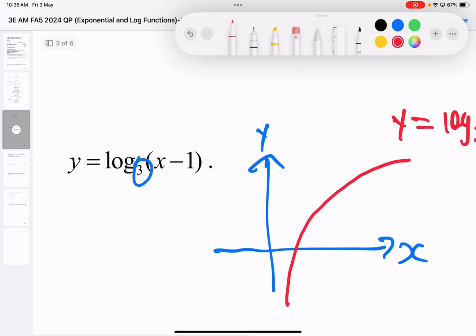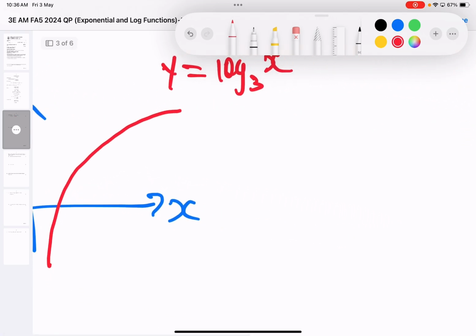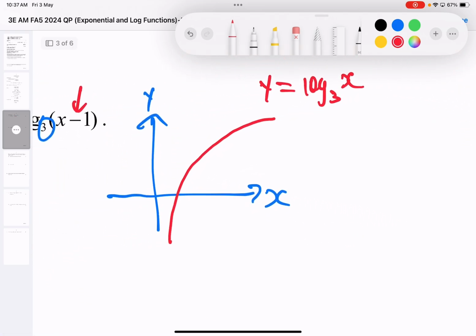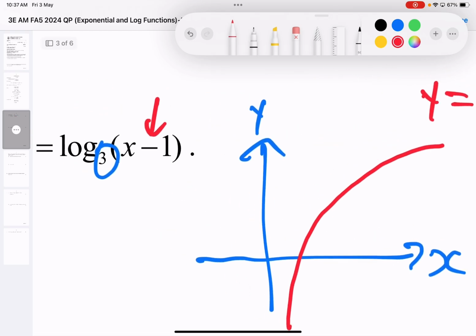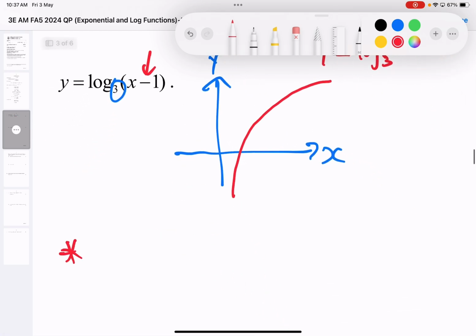But take note, I have a minus 1 to the input. This is not the output, right? This is to the input. Minus 1. So what do you think this negative 1 is going to do? Shift to the left? Right. Can you please take note?